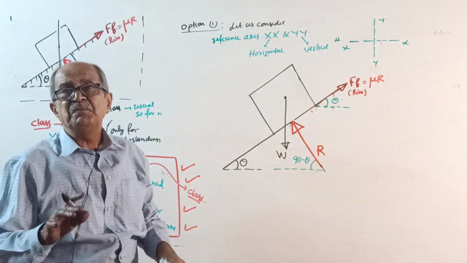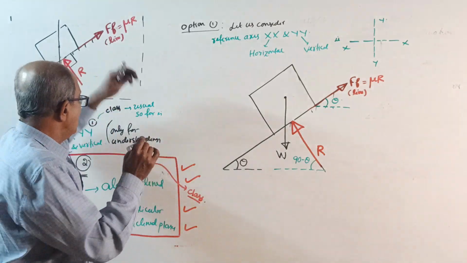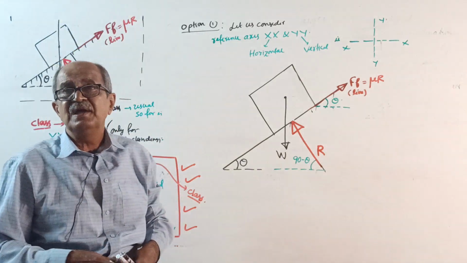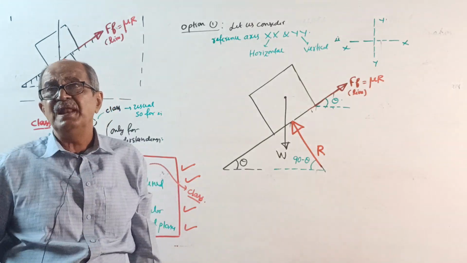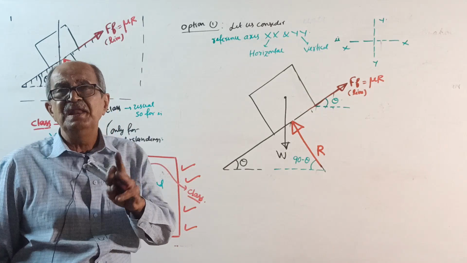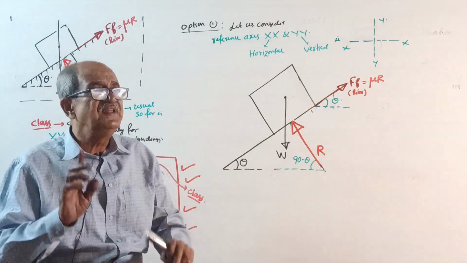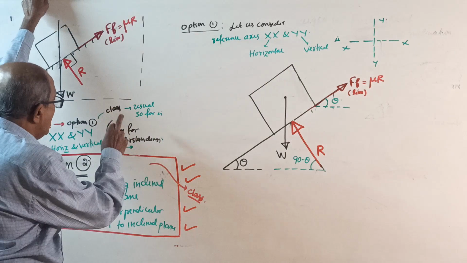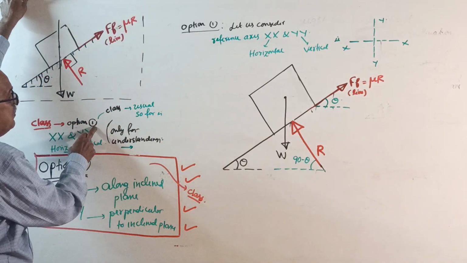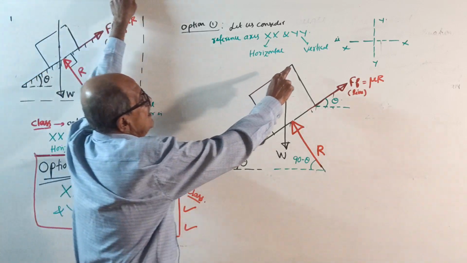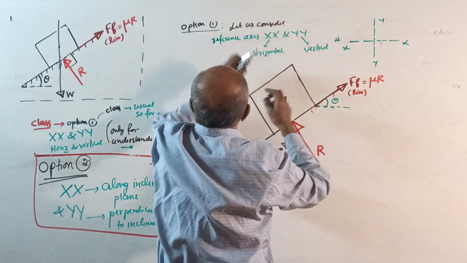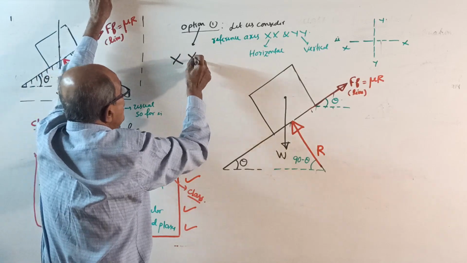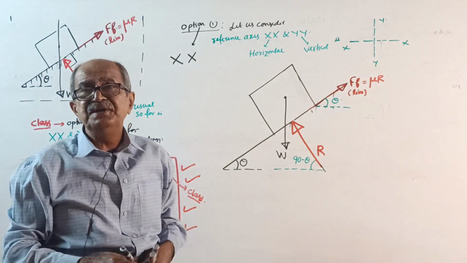Next time onwards, when you consider inclined plane cases with only one inclined plane, not multiple, we will always consider x along the plane, y perpendicular to the plane. But for understanding purposes, in option 1 we take x horizontal, y vertical. So option 1 is only for understanding. Later we are not doing it unless there are multiple inclined planes.